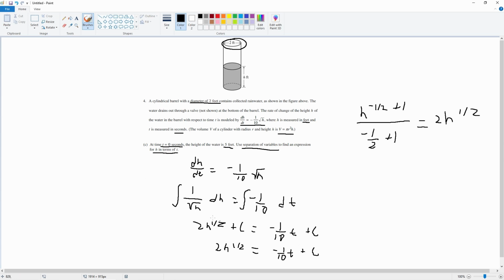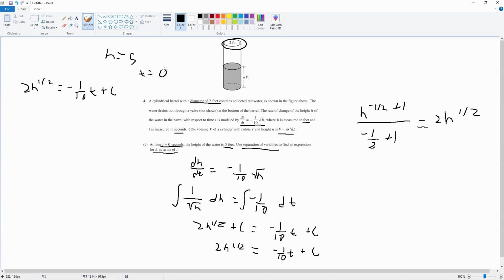All right, so in order to solve this, we actually want to find the value of c. So I'm going to move up here. 2h to 1/2 is equal to negative 1 over 10 t plus c. So for this, we want to plug in our givens. Our height is just going to be 5 feet, so h is 5. And then our time is 0, so t is equal to 0.